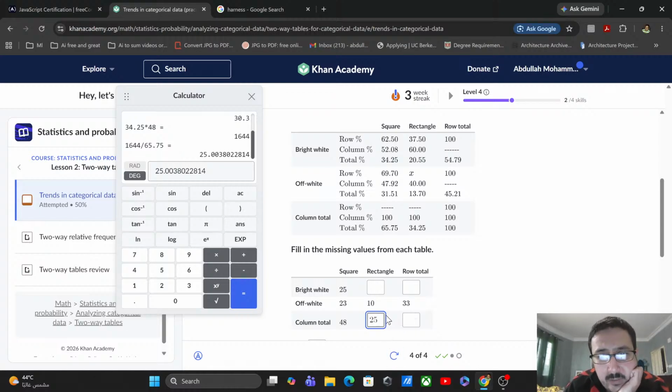That's a 25 rectangle over there, minus 10, 15. Okay, 25 and 48 plus 30, so 73.